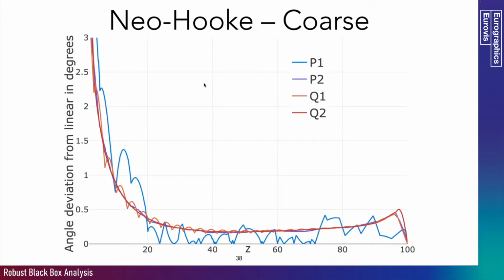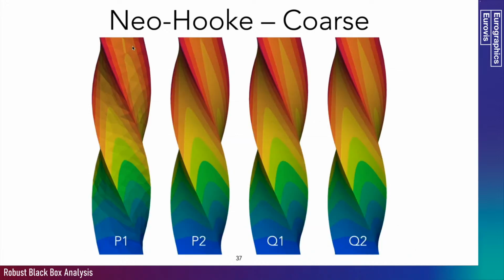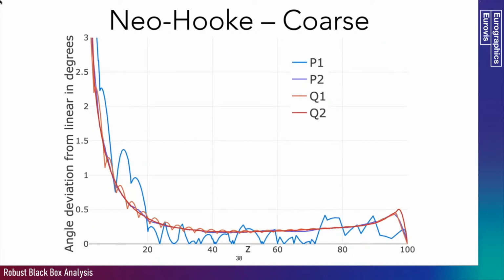We see again in this plot that P1, as expected, so the linear tetrahedra, are really not good, while the other discretizations are more or less overlapping. From this plot we also see that the orange one is not so good with respect to the other two. The other two are completely overlapped.